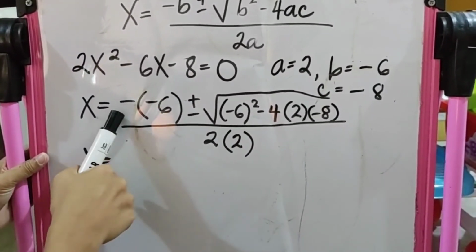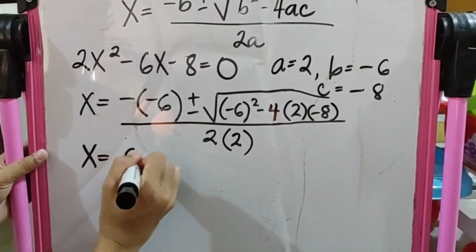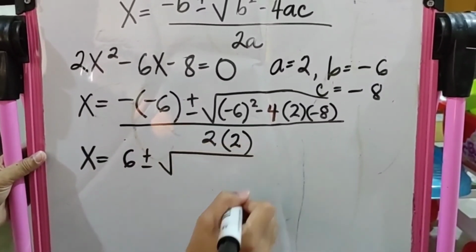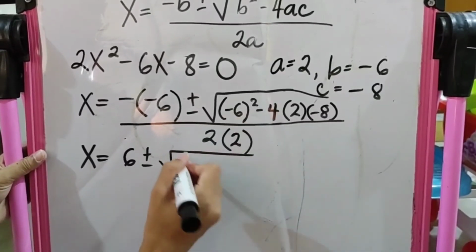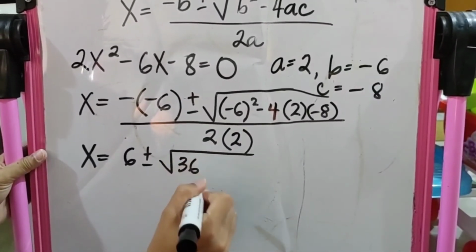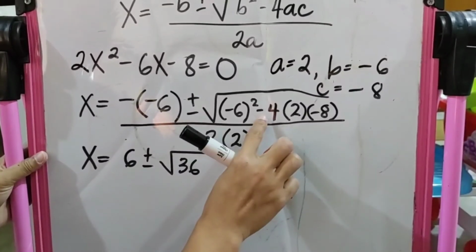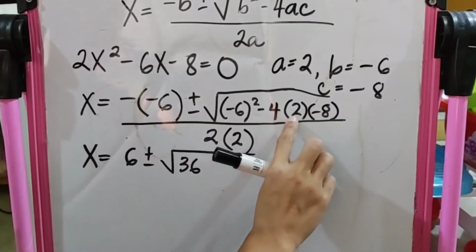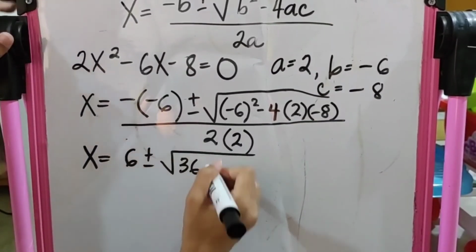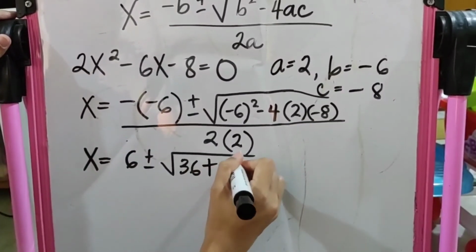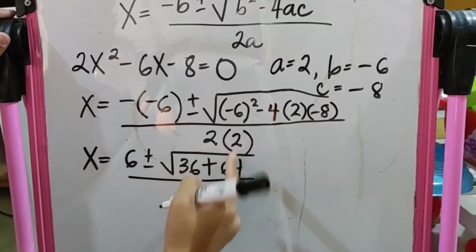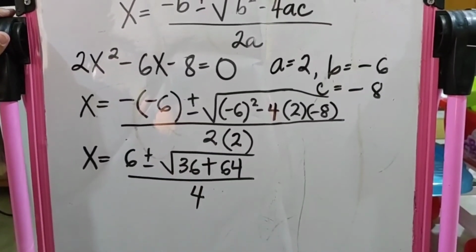x equals negative times negative 6 is positive 6 plus or minus square root of negative 6 squared is 36. So, negative 4 times 2 is negative 8. And negative 8 times negative 8 gives us positive 64. All over 2 times 2 is 4.